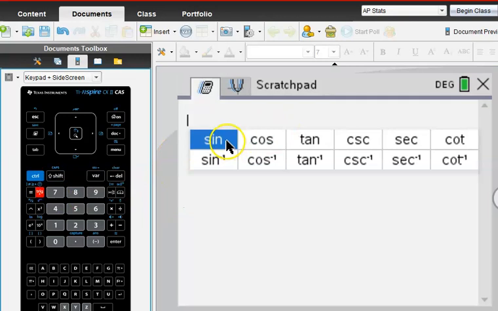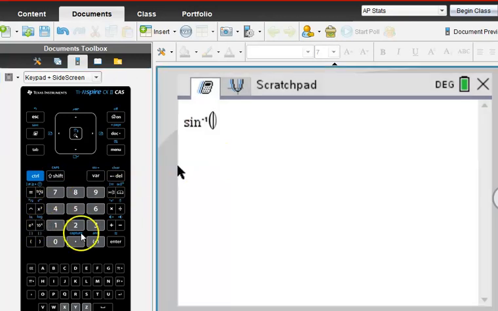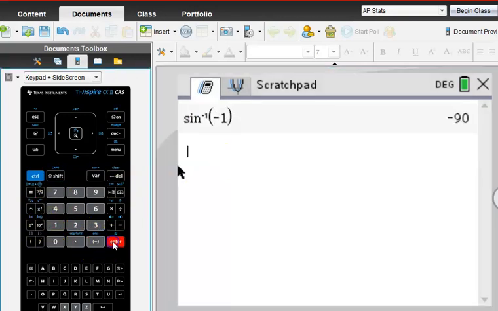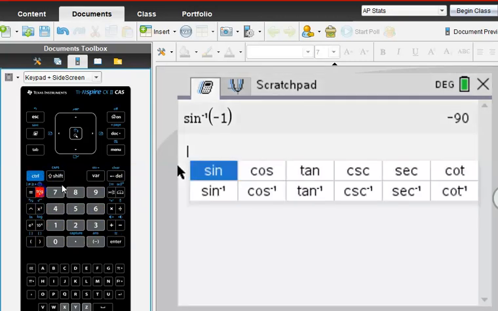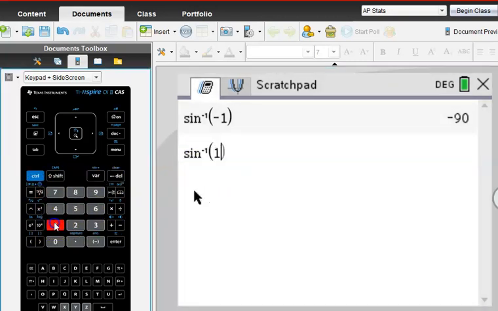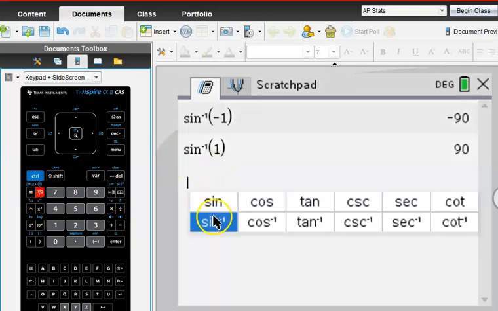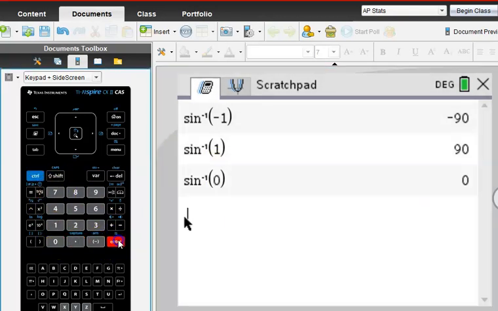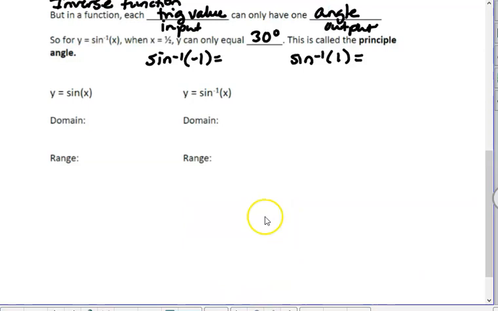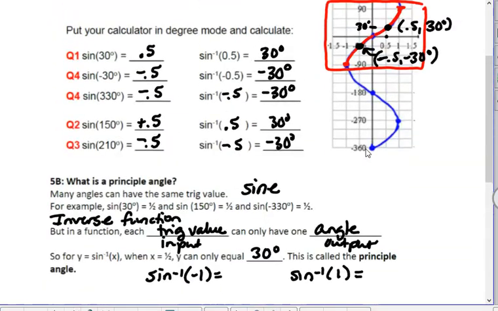So if we do inverse sine of -1, we get -90. And if we do inverse sine of +1, we get +90. And if we do inverse sine of 0, we get 0. So this gives us 3 more key points to just verify that that is the section of the graph that gives us our principal angles.